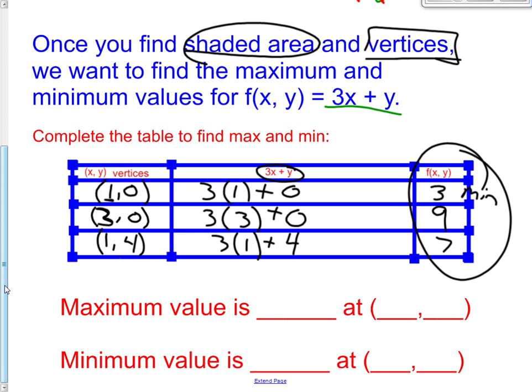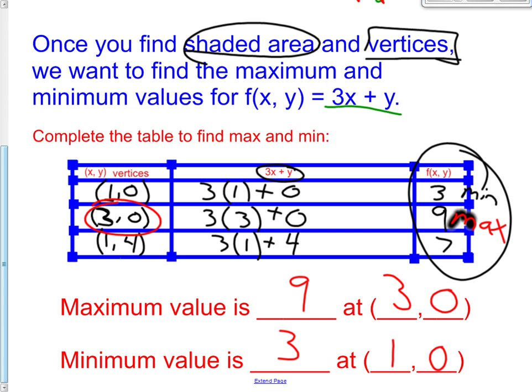Our maximum value, here's our max. Our max is 9. And our maximum value lies at 3, 0. Maximum is 9. It is at 3, 0. Our minimum is 3. And it is at 1, 0.